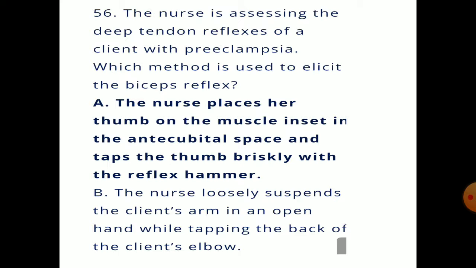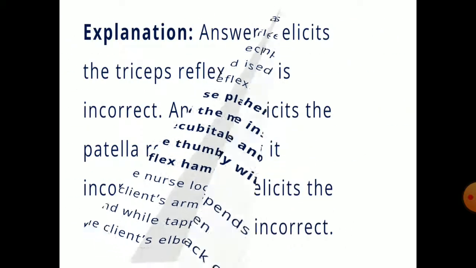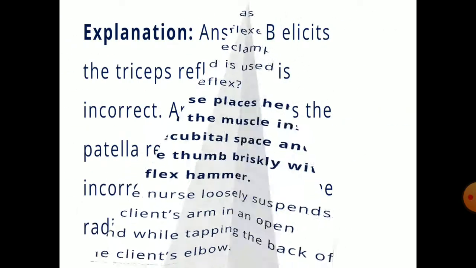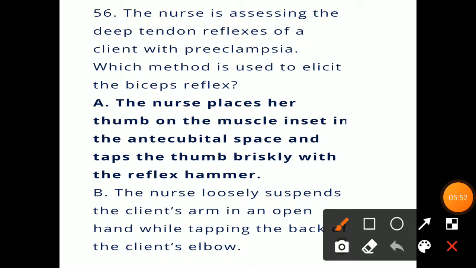B, the nurse loosely suspends the client's arm in an open hand while tapping the back of the client's elbow. Correct answer option A, the nurse places her thumb on the muscle insertion in the antecubital space and taps the thumb briskly with the reflex hammer.